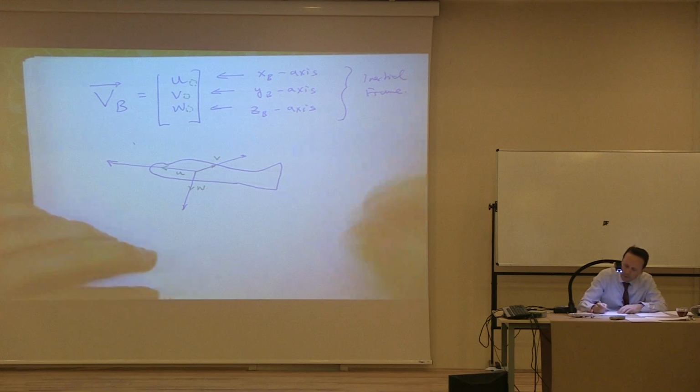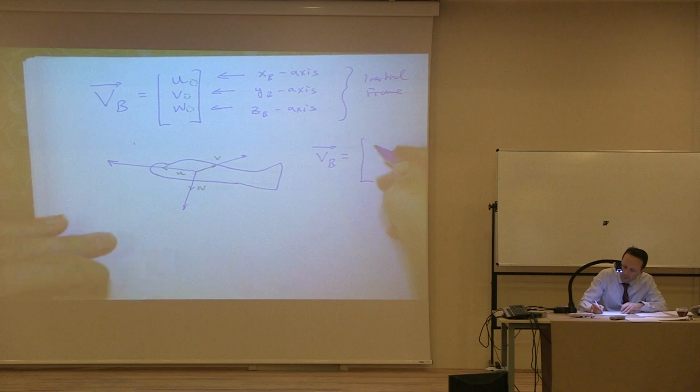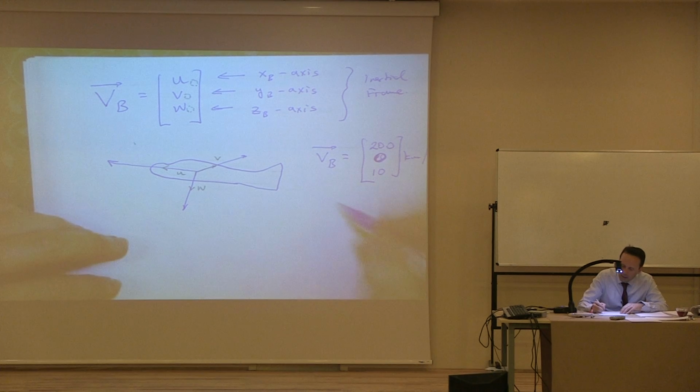So I can immediately give you this. VB is equal to 0, 200, 0, and 10 kilometers per hour.